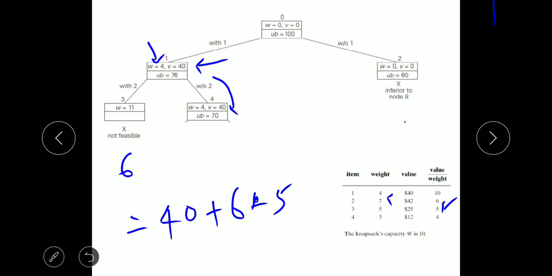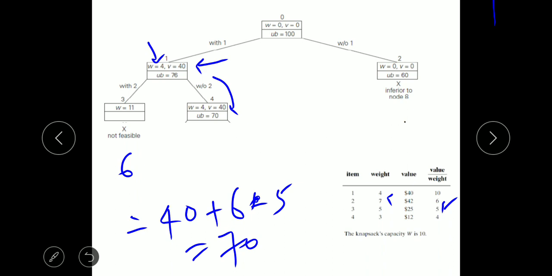This is the product. So therefore it now becomes equal to 70. So the upper bound of not including the second element is equal to 70. Okay, so this is how our state space tree looks after the second iteration.